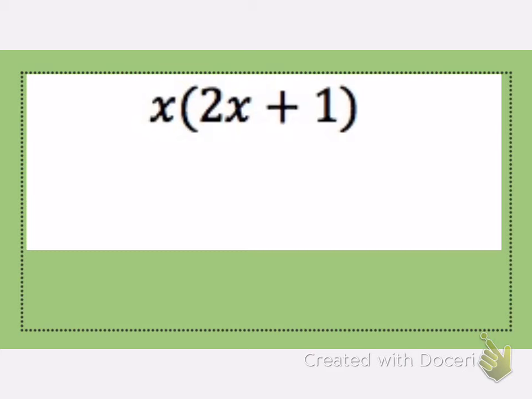So for our example here, we want to make sure that we multiply the x times both terms in parentheses. So that's like taking 2x times x plus 1 times x. And so our 2 times x would be simplified to 2x squared plus 1x, or we could just write that as x.